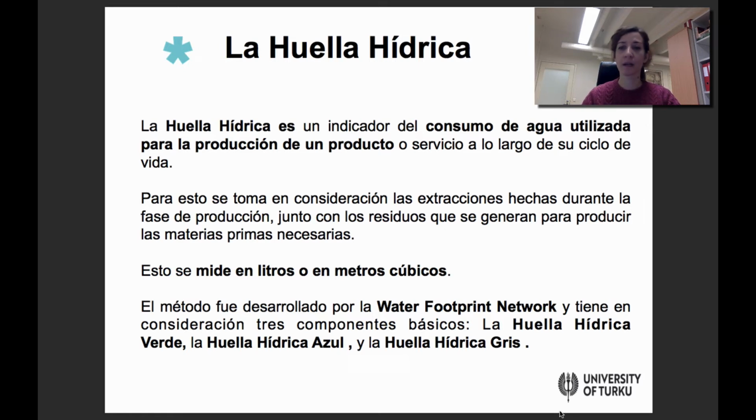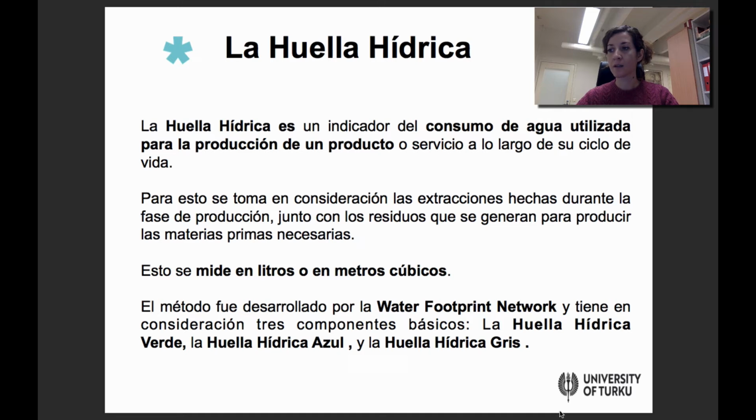It takes into account, for example, the withdrawals of water during the production, but also those necessary to produce the raw materials. And it's measured in liters or in cubic meters. The method is developed by the Water Footprint Network, and it takes into account different types of water: green water, blue water, and grey water.